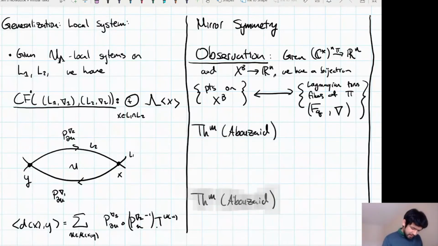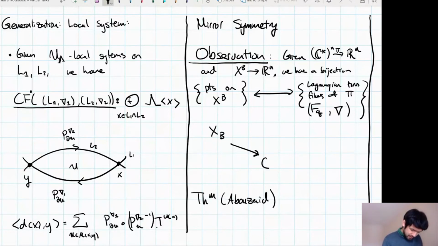If I look at XB over Rn, there are many points that have the same Novikov valuation. There's a whole bunch of them because the valuation only records the lowest order term of the power series expansion of that point.